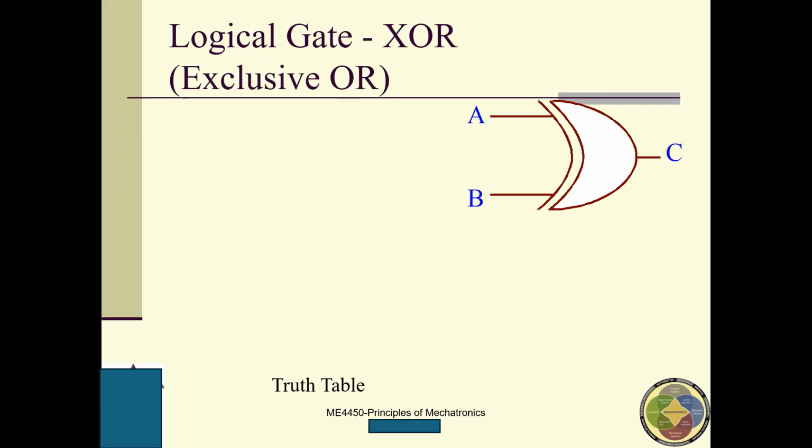And XOR is special, so you need to pay more attention to this. XOR is exclusive OR. It has the moon shape like OR, but there is another symbol, an additional curve here. What this gate says is that the result can only be 1 if your inputs are different. Right, guys?